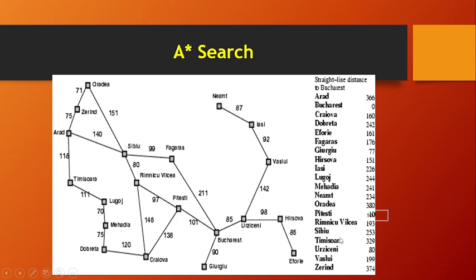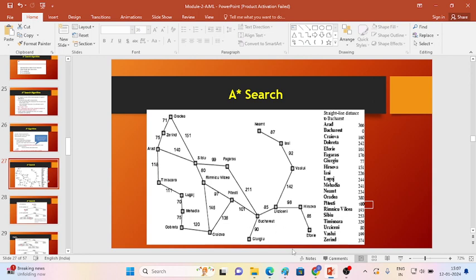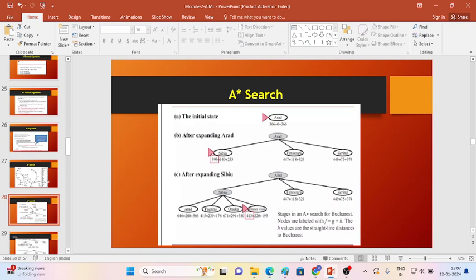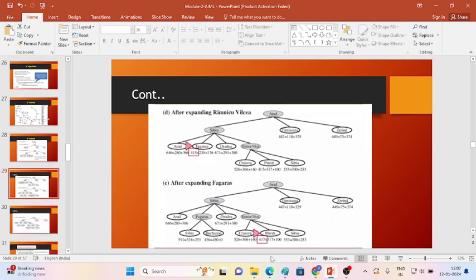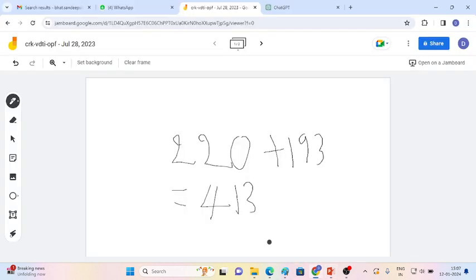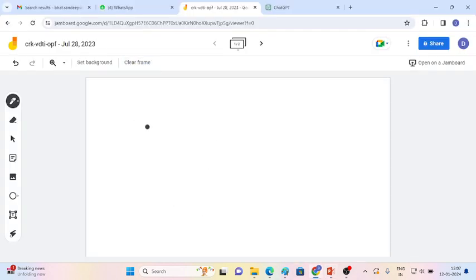We need to calculate the total path cost value for this city. So f of n equals its complete path cost g of n, 317, plus 100.